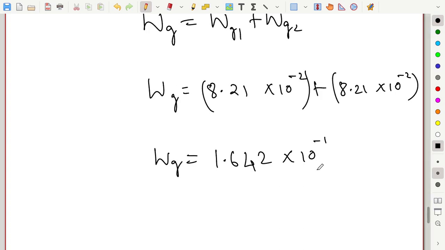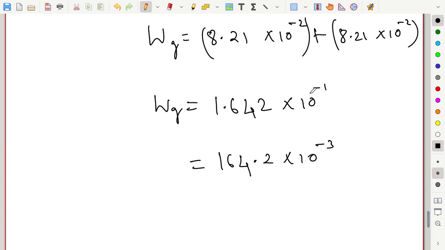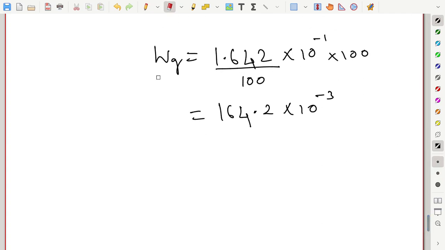Or we can rewrite it as 164.2 into 10 power minus 3. What I did is I divided by 100 and multiplied by 100. I think this is straightforward, but for those who can't understand, just do it.